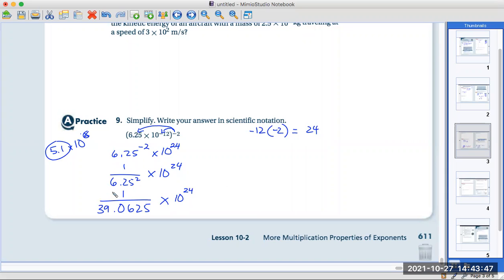And I'm going to divide that. So you use your calculator. You go 1 divided by 39.0625.